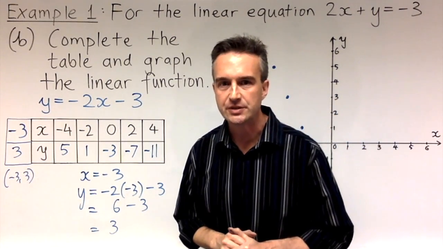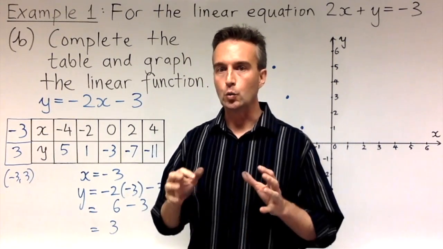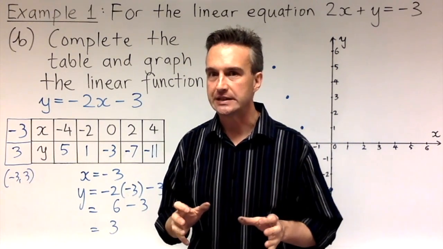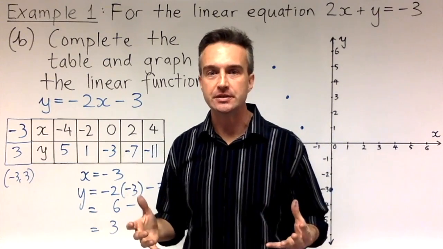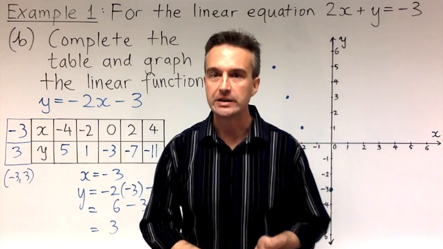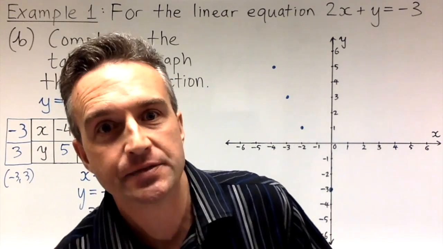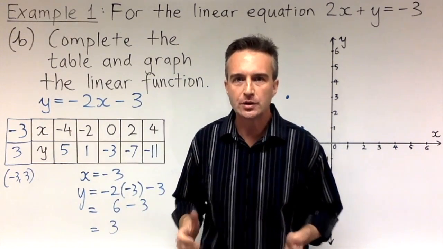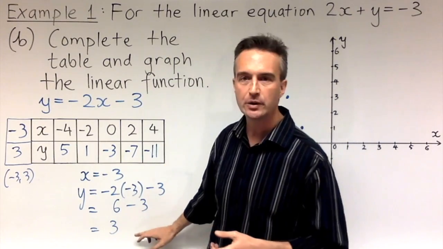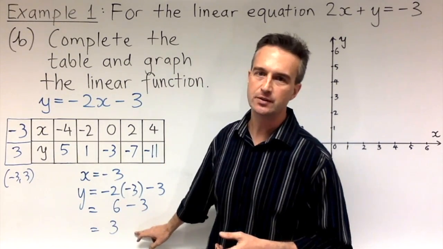This actually demonstrates something very important. We chose the value x equals negative 3. We were free to use it. That is why the x value is called the independent variable. You are free to choose the x values. But did we have a choice on the y value that came out of the equation? We did not have a choice for the y.